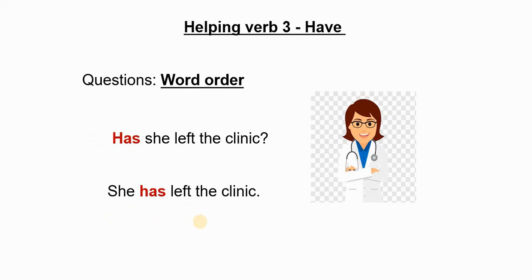Another example here. Has she left the clinic? So has, the helping verb has, comes first before the subject. But if it is a statement, the subject comes first before the helping verb, or the helping verb comes after the subject. She has left the clinic.